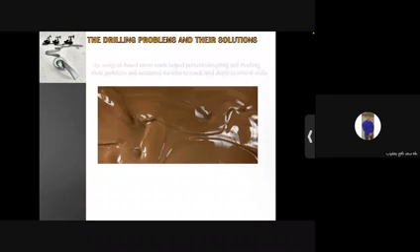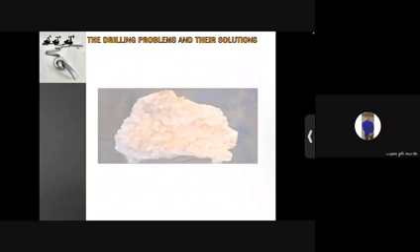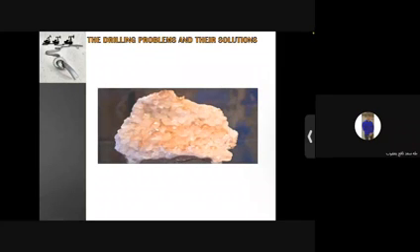The definition of invert mud is an oil-based drilling fluid that generally consists of diesel oil, with the brine carried as the internal phase in a stable emulsion. This method is considered expensive and uneconomical. The second way is by adding calcium compounds and some other compounds that reduce sloughing and swelling problems. This method is considered more economical than oil-based.